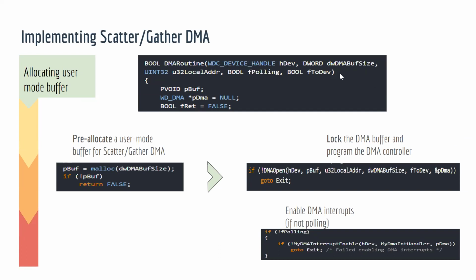You can set the size of the DMA buffer and specify the addresses, okay, the local addresses of the transfer data. We have a flag indicating whether to use polling or completion detection, okay? And a flag to indicate the direction of the DMA transfer, device to host or host to device.